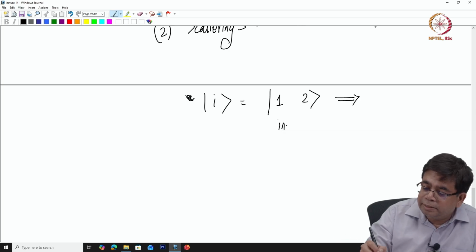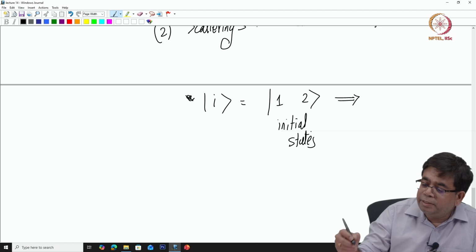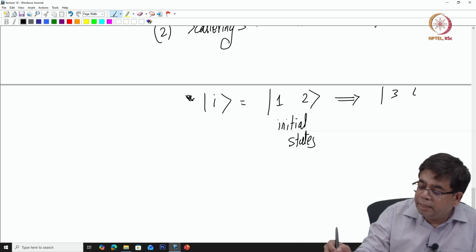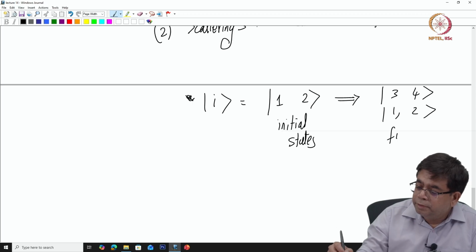These are the initial states, and the final states are particles 3 and 4, or even 1 and 2, and so on.